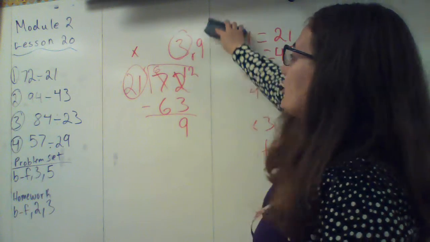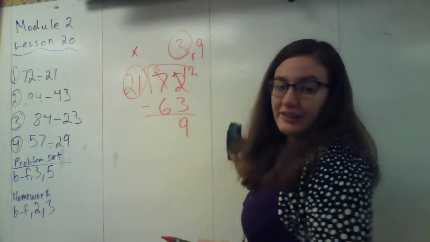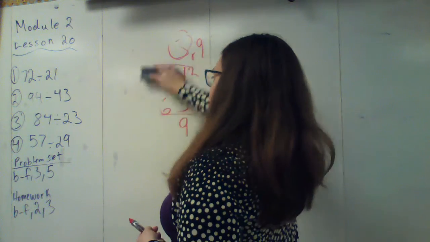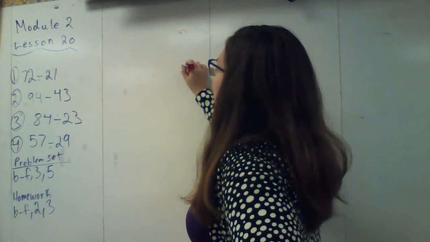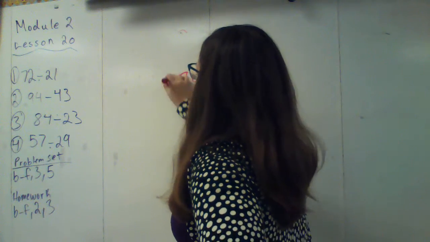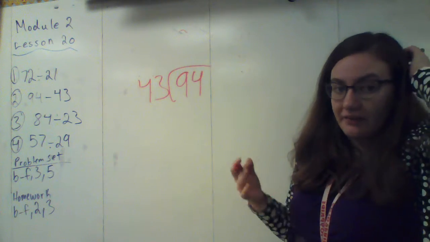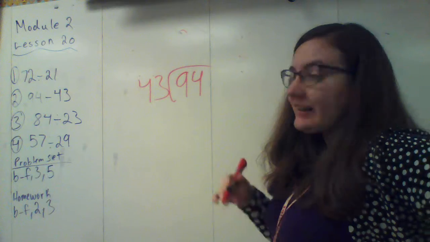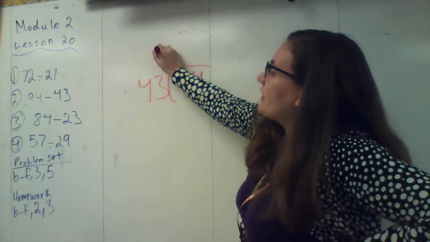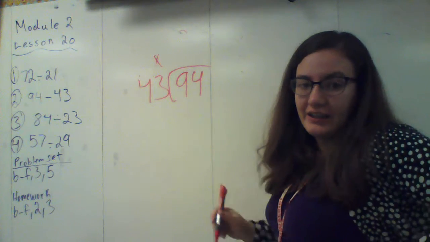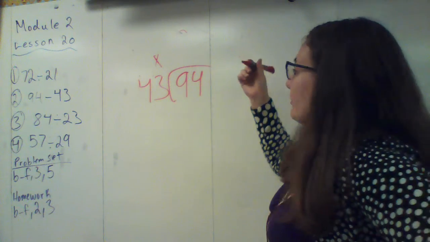So this one I would like you to try on your own, and then unpause the video and you can work along with me. So for this problem, we have 94 divided by 43. Again, if you need to, you can multiply your facts, multiply this number and figure out 43 times what can fit into 94, or get as close to 94 as we possibly can.